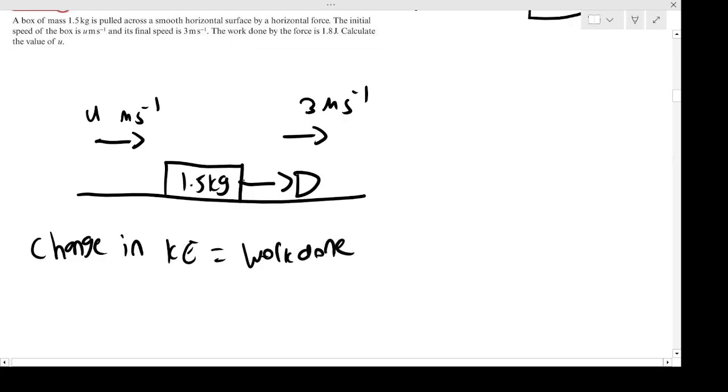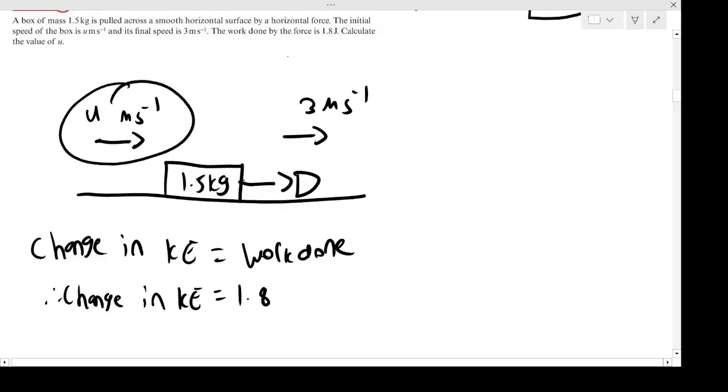So we know that the change in kinetic energy is the work done, and we're told it's 1.8 joules, so 1.8. Then we just need to work out the change in kinetic energy, so we need the kinetic energy at these two different speeds.